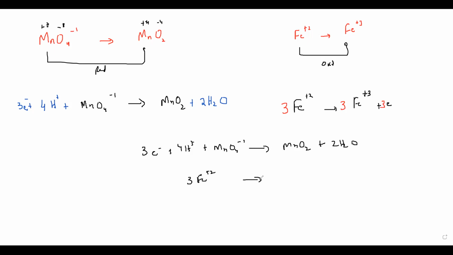3Fe2+ changes into 3Fe3+ plus 3e. When you combine the two equations, electron will cancel with electron.